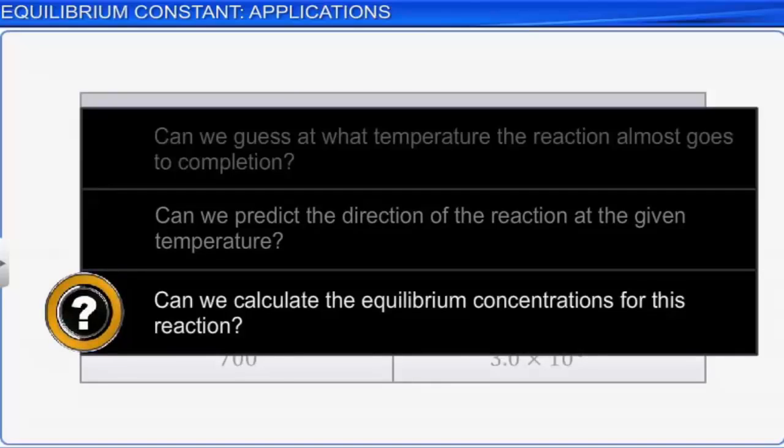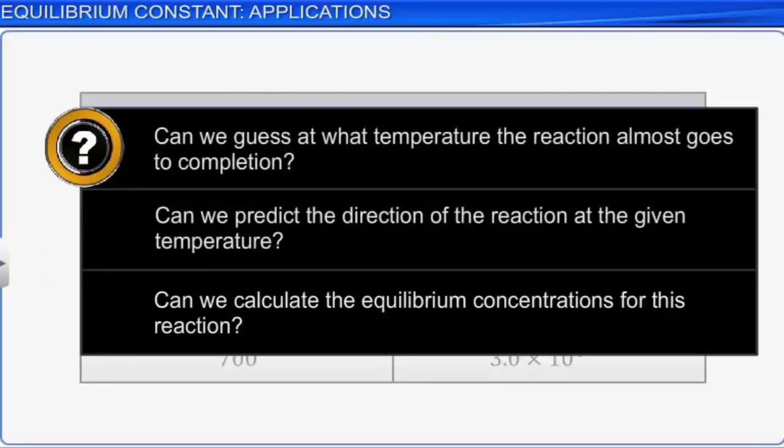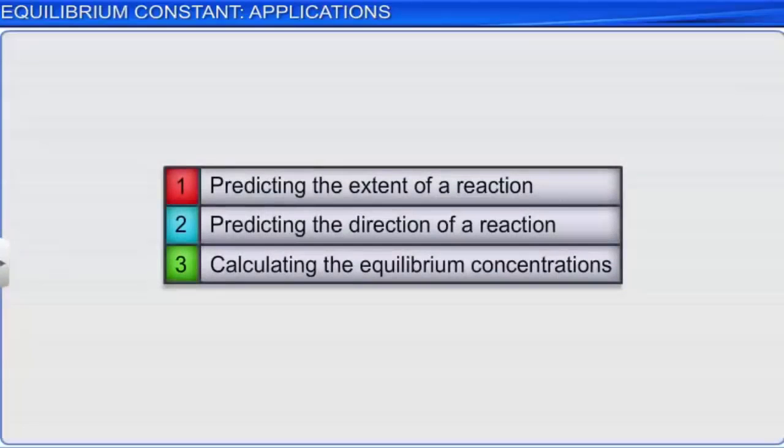Let us see if equilibrium constant helps us in answering these questions. The knowledge of equilibrium constant helps us in predicting the extent of a reaction, predicting the direction of a reaction, and calculating the equilibrium concentrations. Let us discuss each application in detail to appreciate the importance of equilibrium constant in a reaction.